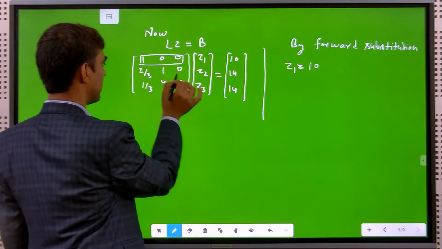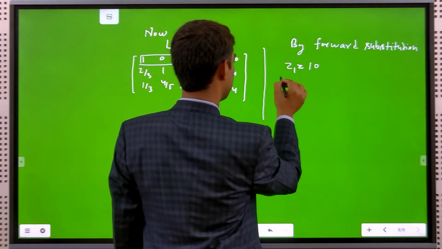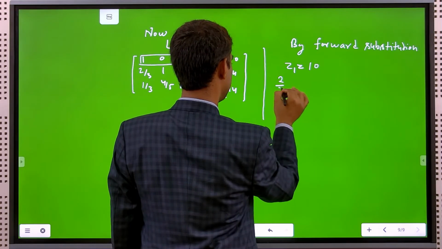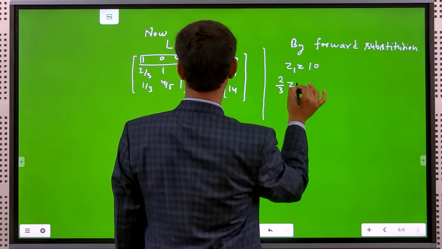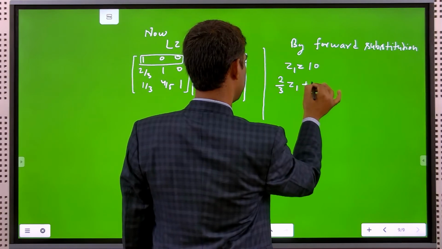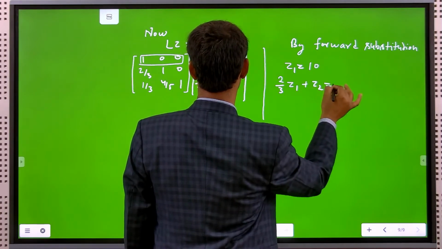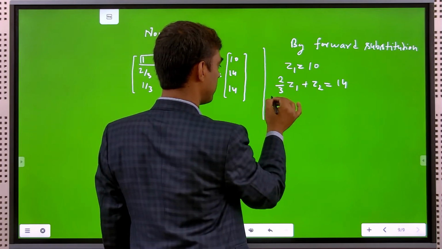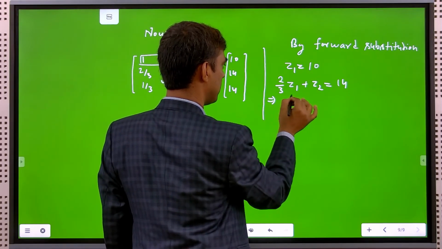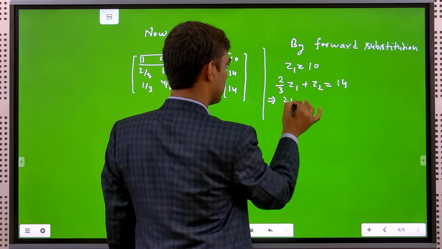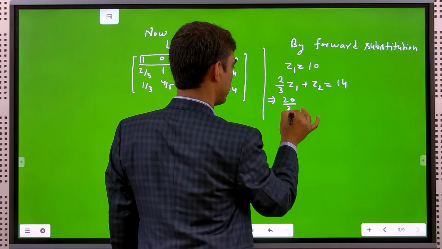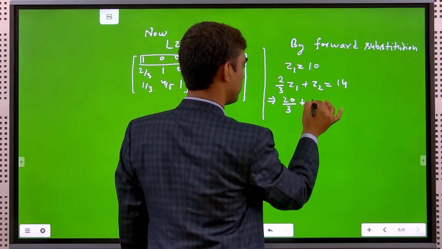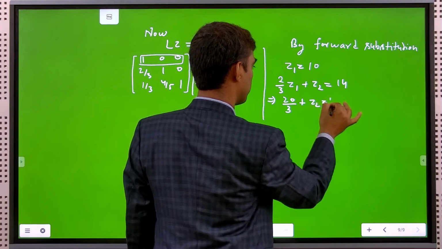Then we multiply the second row, and this becomes 2 by 3 Z1 plus Z2 equals 14. Here we put the value of Z1, then this implies 20 by 3 plus Z2 equals 14.